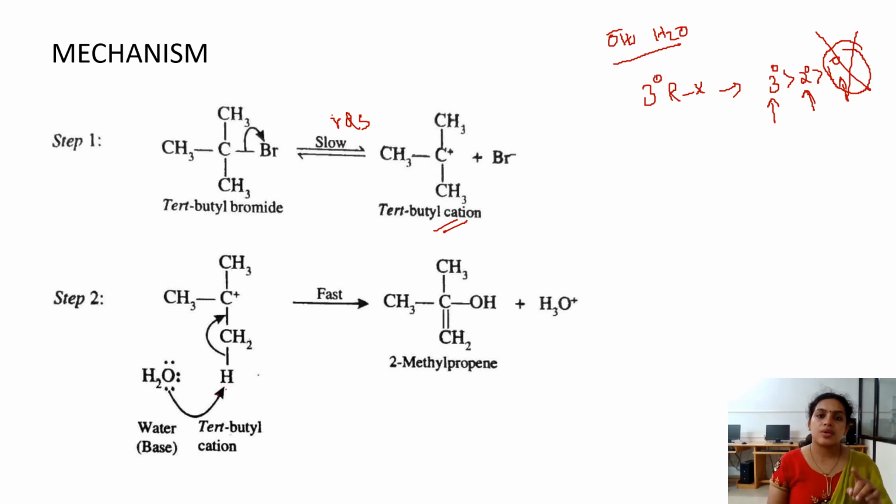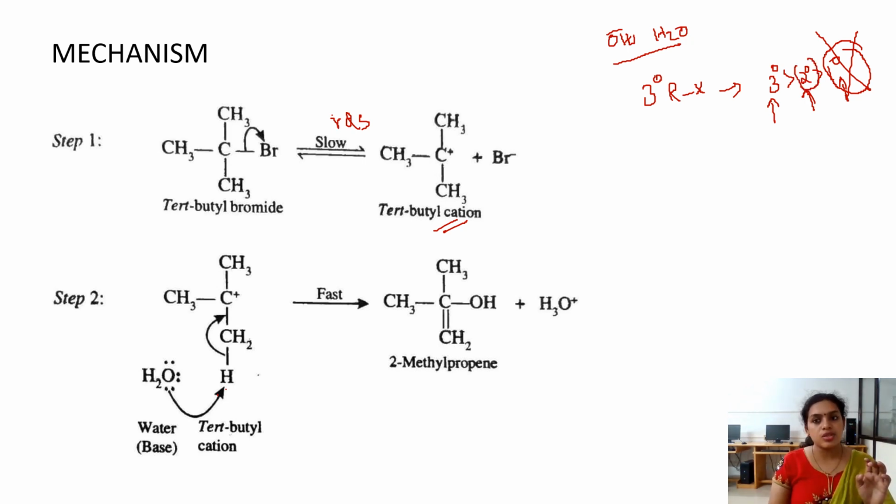Primary alkyl halides will give elimination product only by the E2 mechanism, not by E1. And since tertiary carbocation is the most stable species, all tertiary alkyl halides will undergo elimination by the E1 mechanism.